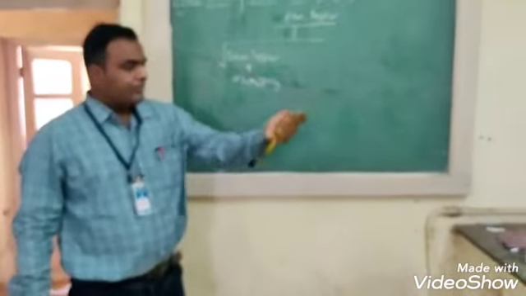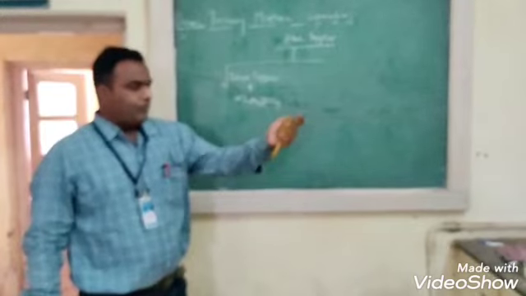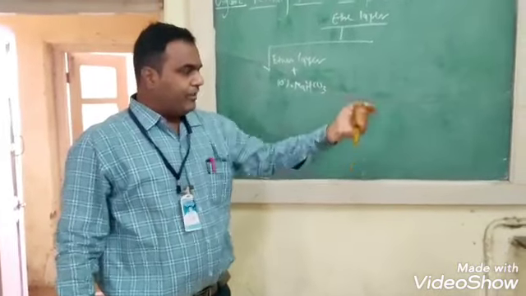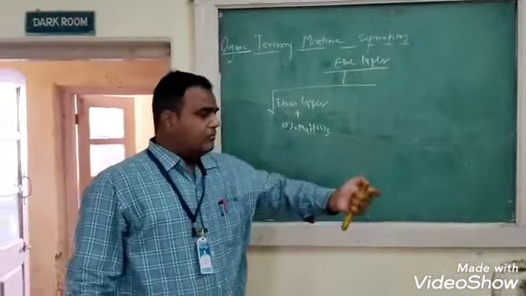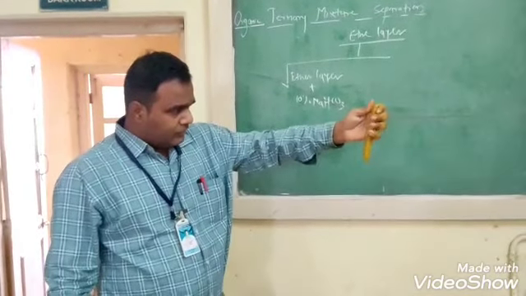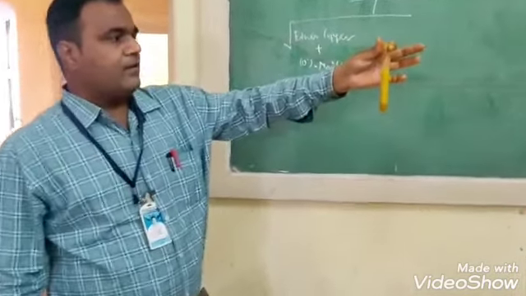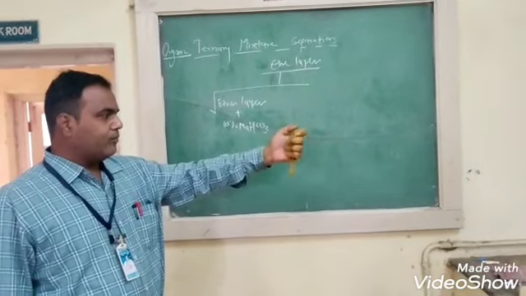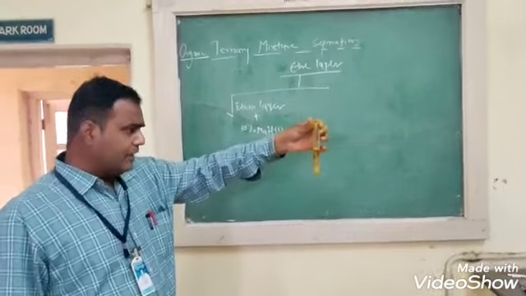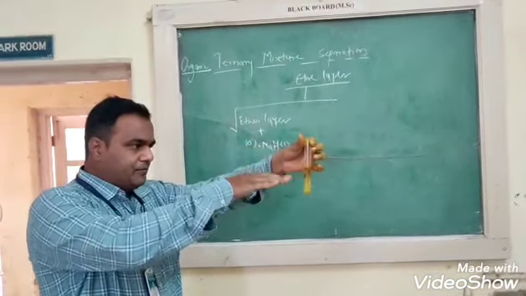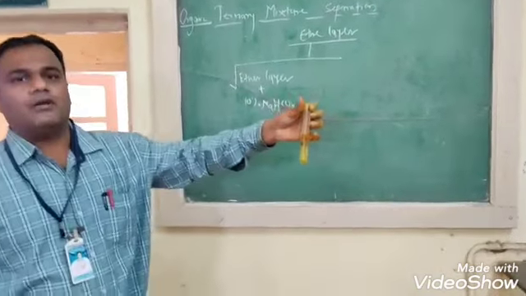Shake it properly, shake it vigorously, and there is a formation of two layers: the ether phase and the aqueous sodium bicarbonate phase. The above layer is the ether layer and the below layer is the sodium bicarbonate layer.